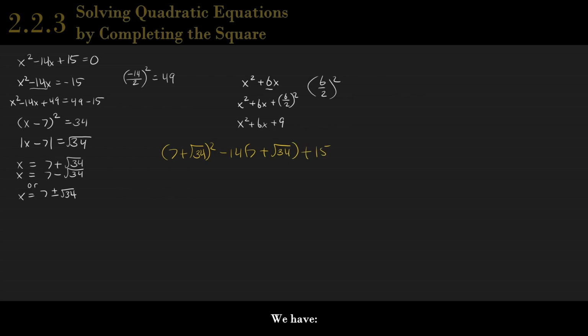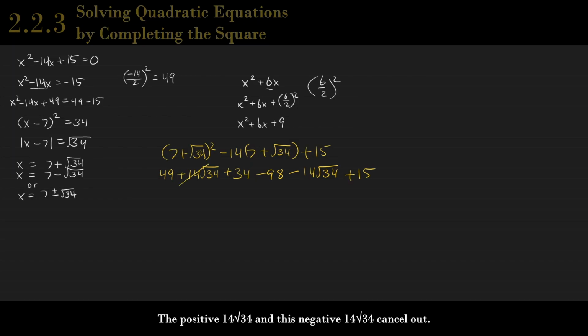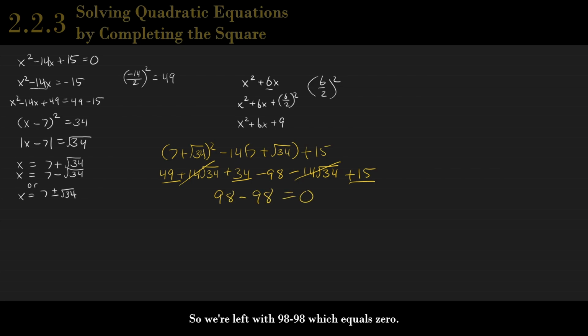This equals 49 plus 14 times the square root of 34 plus 34 minus 98 minus 14 times the square root of 34 plus 15. This positive 14 root 34 and this negative 14 root 34 cancel out. And 49 plus 34 plus 15 equals 98. So we're left with 98 minus 98, which equals 0.